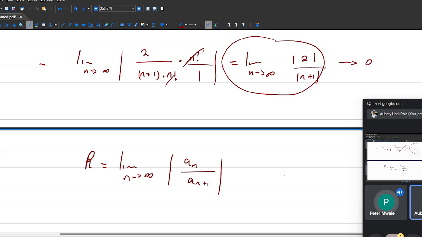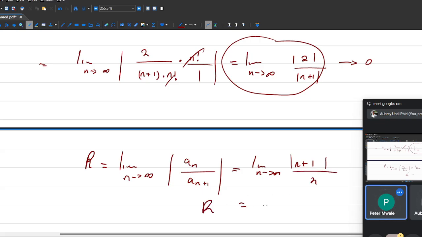So that is the radius of convergence. You take the inverse. So here, this is the same thing as the limit as n approaches infinity of the modulus of n plus 1 all over 2. So in this case, the radius of convergence is what?